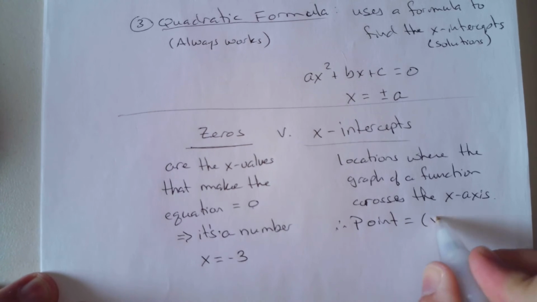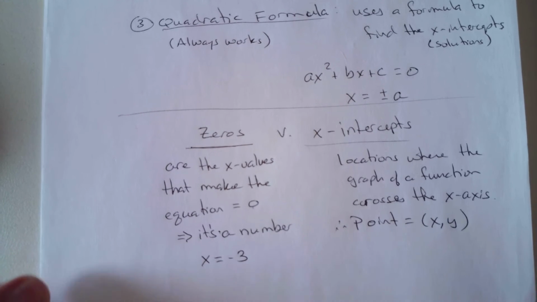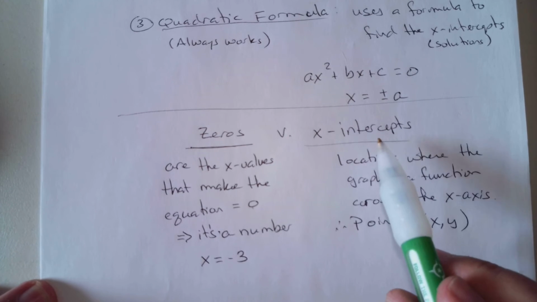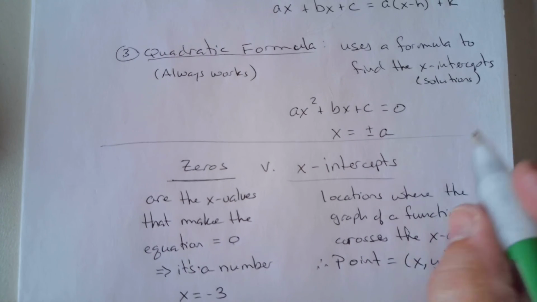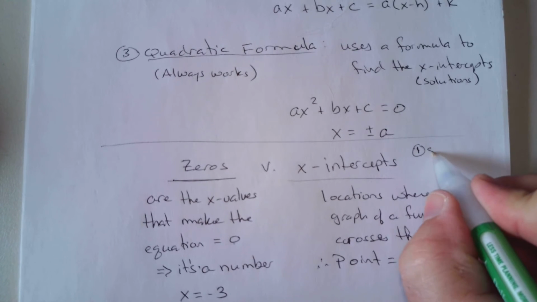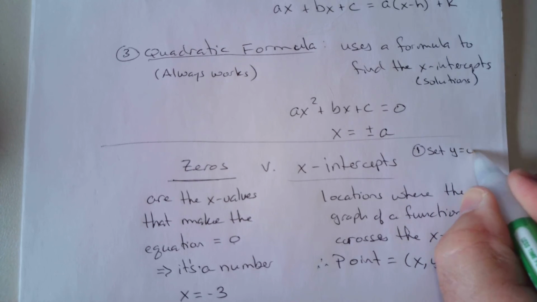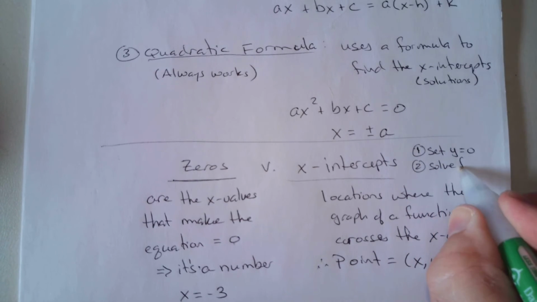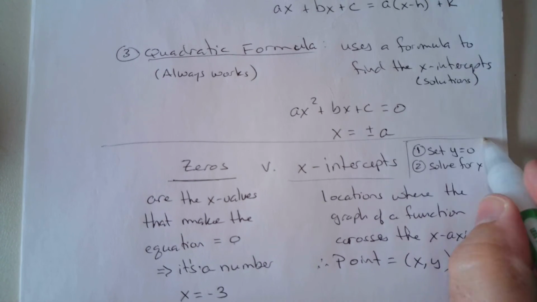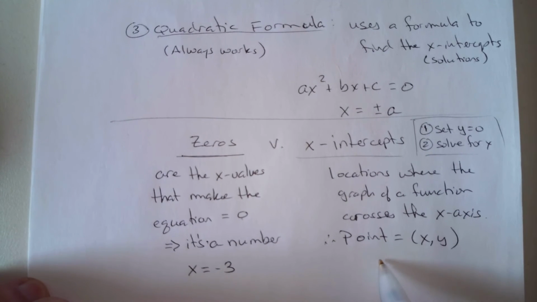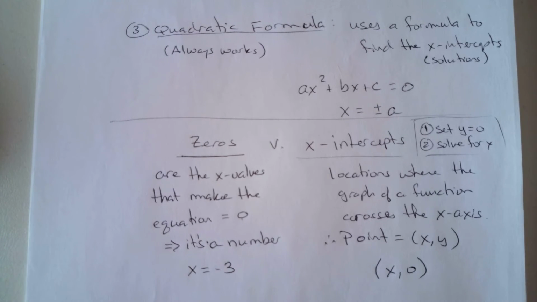It has to have an x and a y component. But since it's the x-intercept, remember in chapter 1, to find the x-intercepts, the first thing to do, set y equals 0, and solve for x. These are the steps. So the x-intercepts will always be in that form.